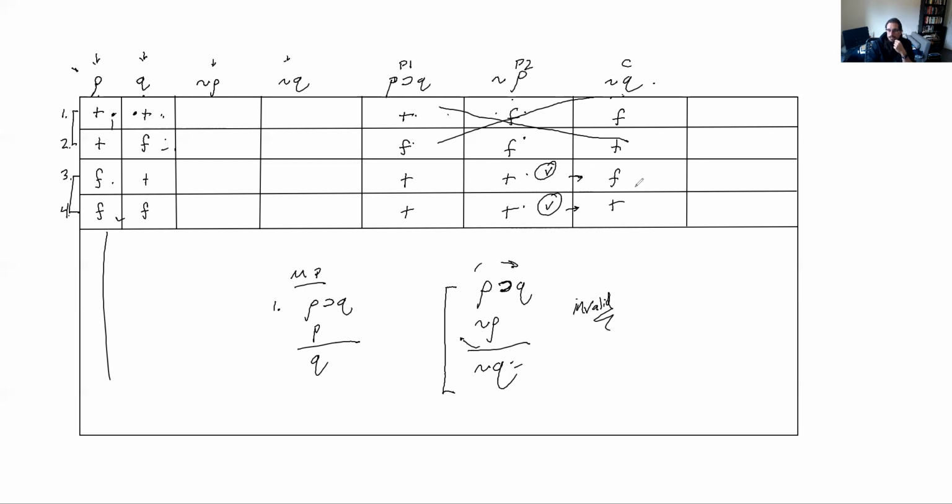So now we check both of these rows that have all true premises. We look at the conclusion and we see that in row 3, despite having all true premises, it's still possible to have a false conclusion. It's possible that the conclusion is true, but it's also possible that the conclusion is false. Therefore, we understand that this argument is not truth preserving.